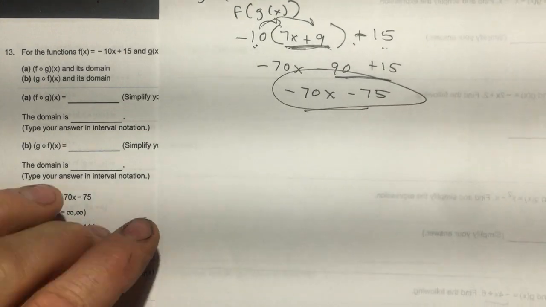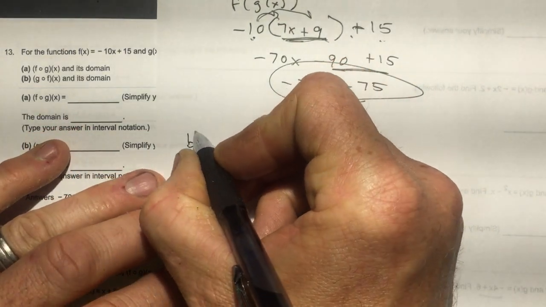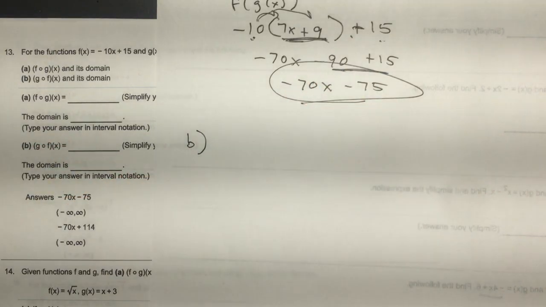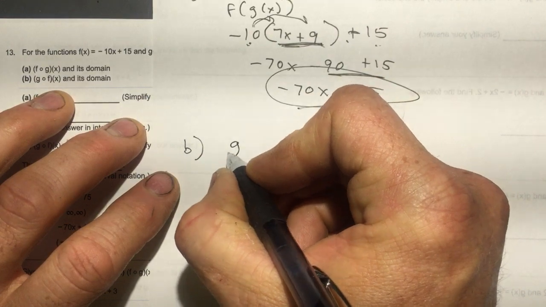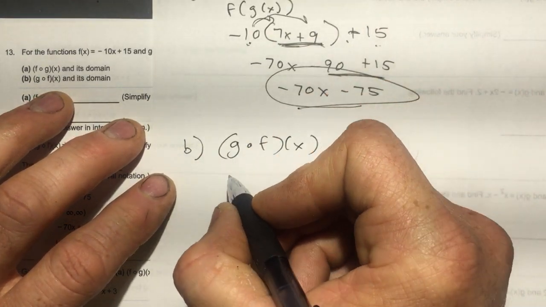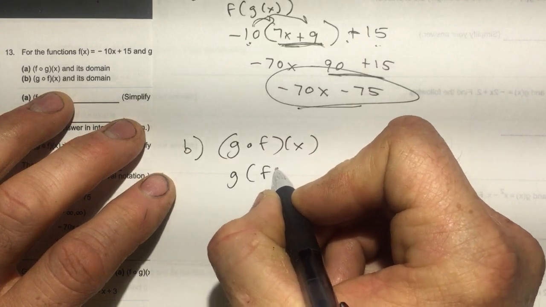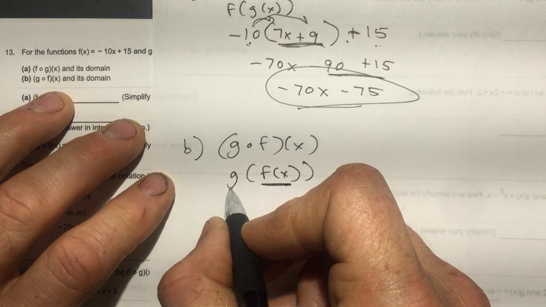All right, let me do the second one here, the B answer. This is g of f of x. Now we're doing g of f of x, which means I'm doing g of the f of x function. So I'm taking f of x and putting it in the g function.